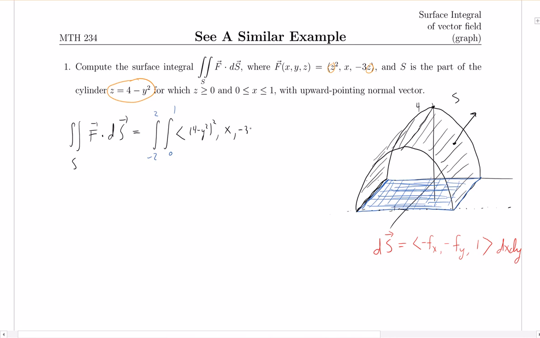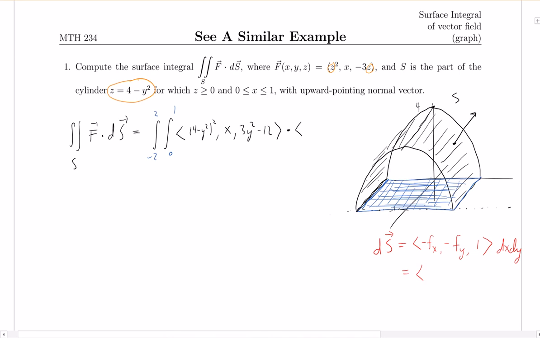And again we substitute for z, 4 minus y squared. And if we distribute that minus 3, we'll have 3y squared minus 12. Dot, and below we have written here dS.